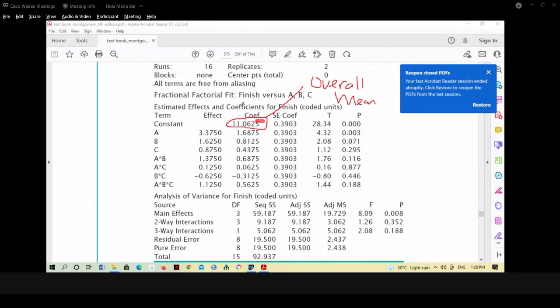You have 8 runs multiplied by 2 replicates, so you have 16 raw data. You add all the raw data and divide by 16, and you will get this value.